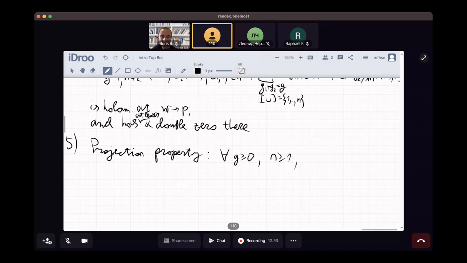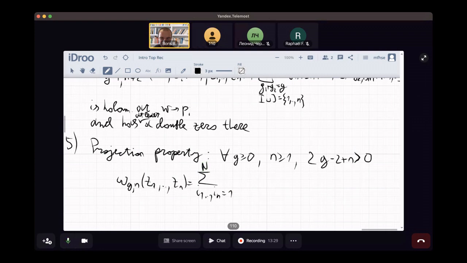So omega g,n is equal to the sum over i from 1 to capital N... Maybe formulate it in words now. No, I want to write it as a formula like that with the residues, and after that we will talk about this space sigma, but not now.